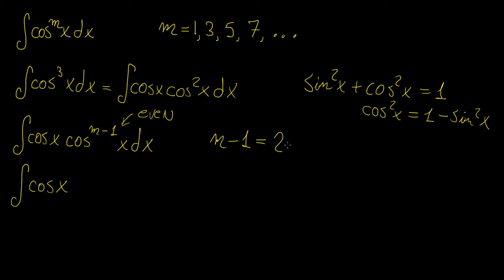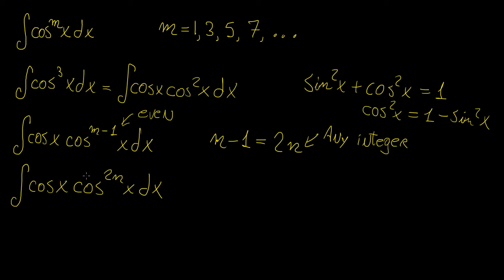Let's call it 2n, where n is just any integer. So you put any integer into n, and that's going to give you an even number, and by definition m minus 1 is always an even number. So we can make the substitution here, cosine to the 2n of x dx.